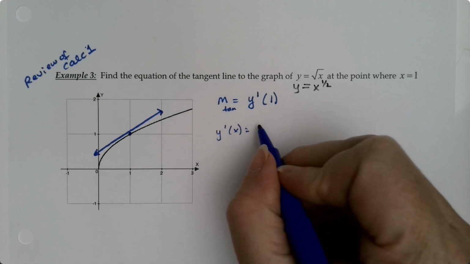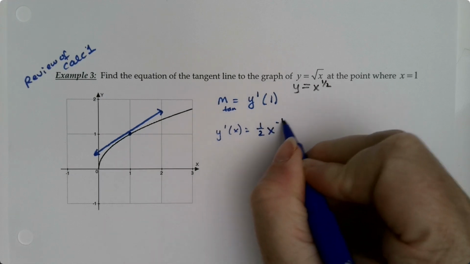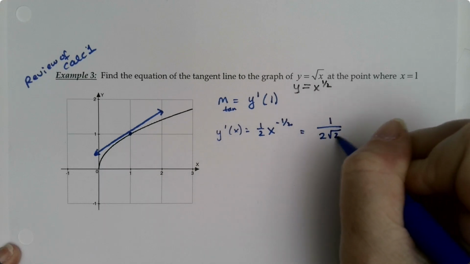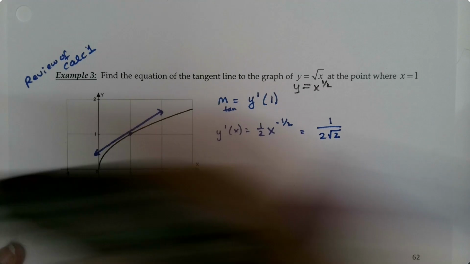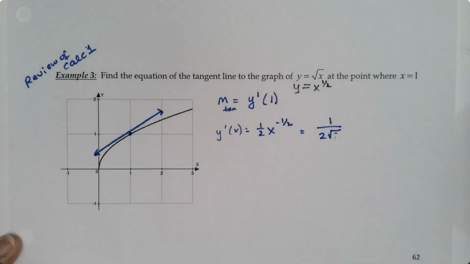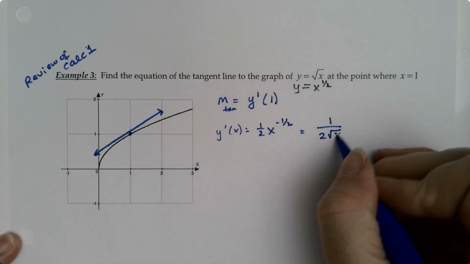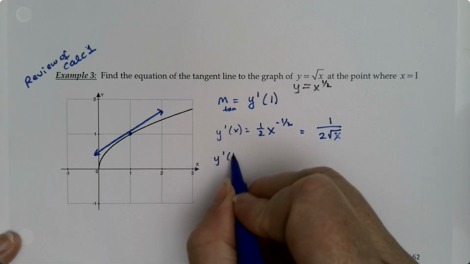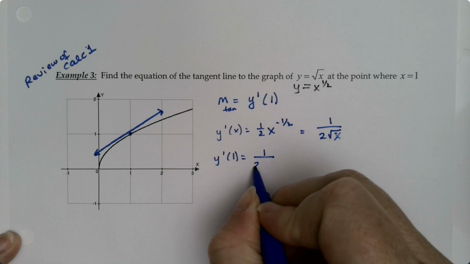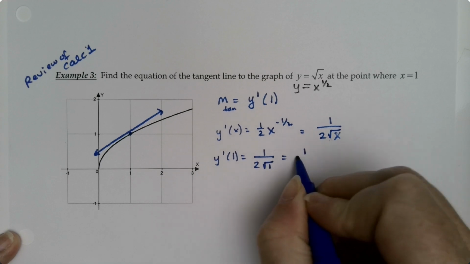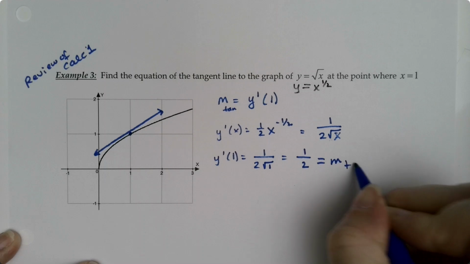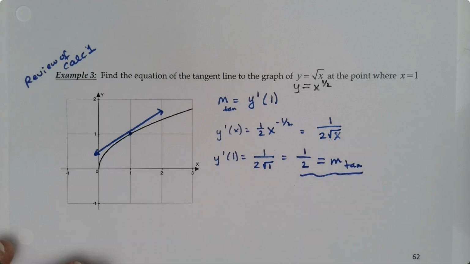So the derivative would be 1/2 x to the negative 1/2, or if you will, it's 1 over 2 square root of x. Okay, so then y prime at 1 would be 1 over 2 square root of 1, which is 1/2. So this is the slope of the tangent line, 1/2.